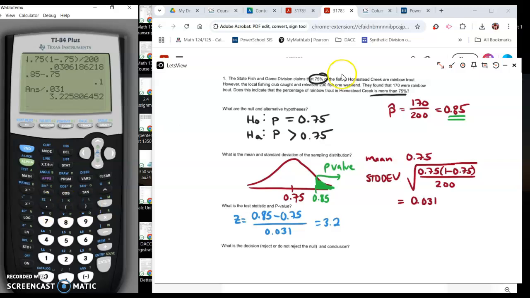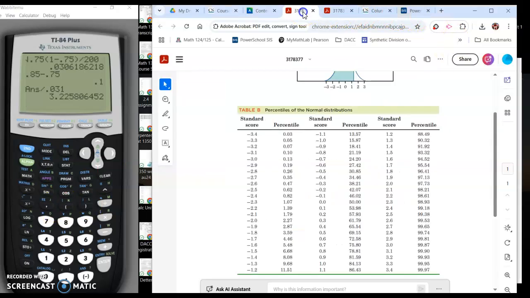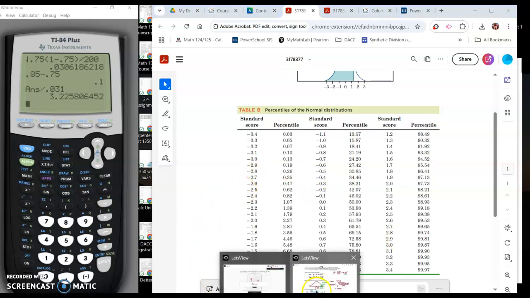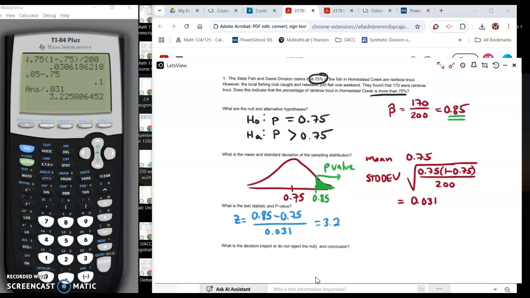So now, if I'm doing this by hand, I'll have to use the chart. So I go to the chart, and for 3.2, you see the value is 99.93. Now, the good news is that 99.93 is always the area to the left. So this area is 99.93. Our p-value is the value above.